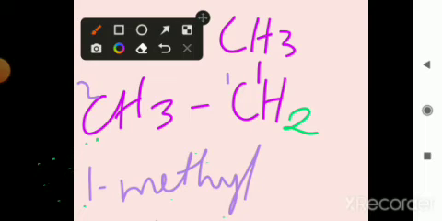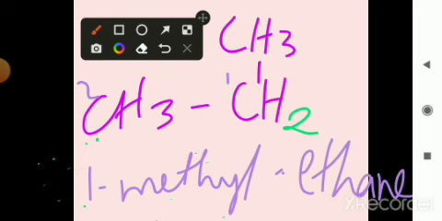I don't know whether it exists or not, just a name. I am giving 1-methyl because it is in position 1, and 2 C is there, so you write it as ethane. Eth is for 2, and as there is a single bond, you write ethane.